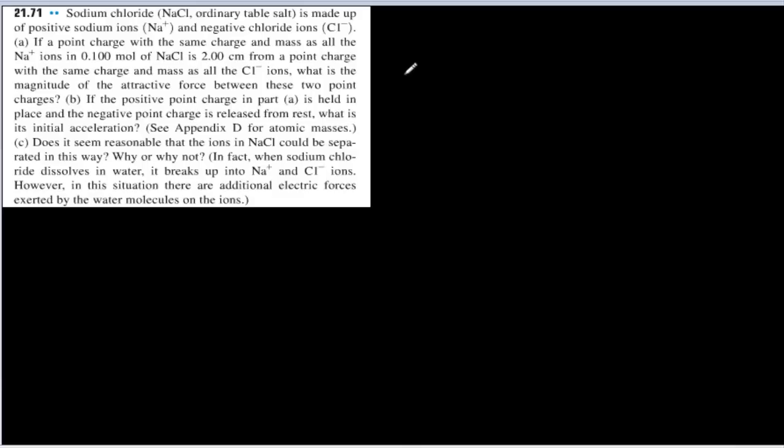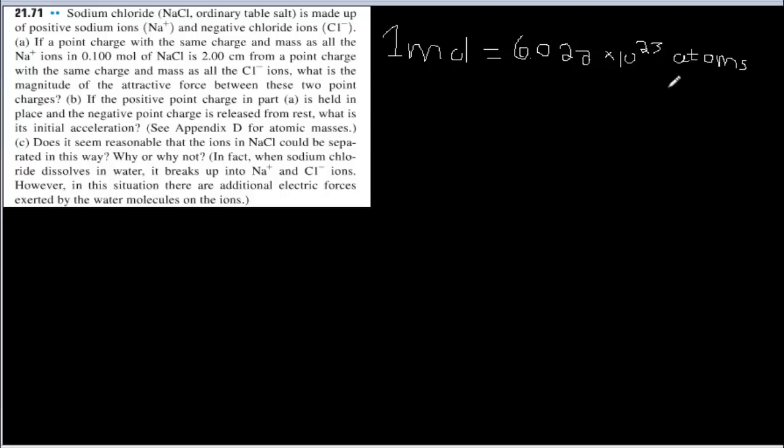And so you'll know from chemistry that 1 mole is equal to 6.022 times 10 to the 23rd atoms or molecules, atomic particles, which hopefully we know as Avogadro's number. We'll abbreviate it as AV.